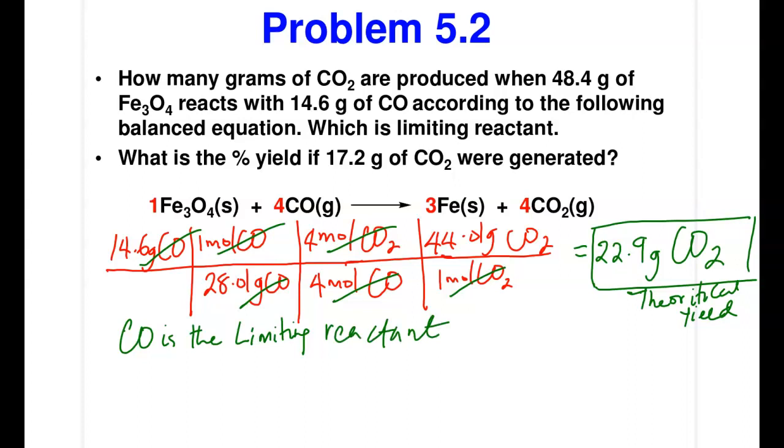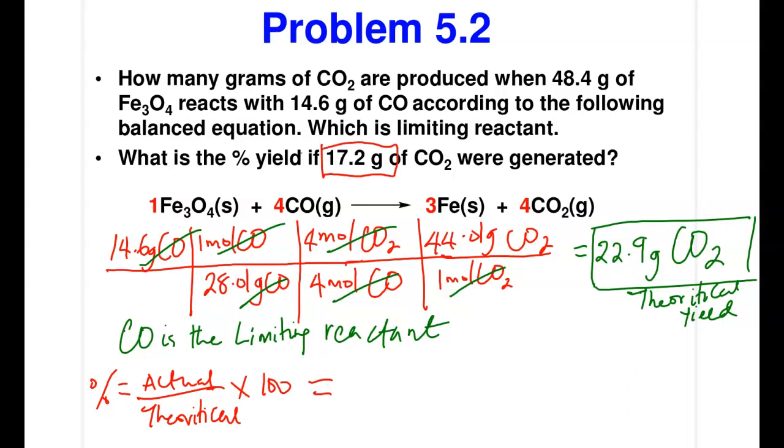And from there, I'm now going to calculate my percentage yield. Remember the percentage yield formula I gave you earlier? The percentage yield simply says actual over theoretical times 100. The second question says, what is the percentage yield if the actual yield generated was 17.2 grams?